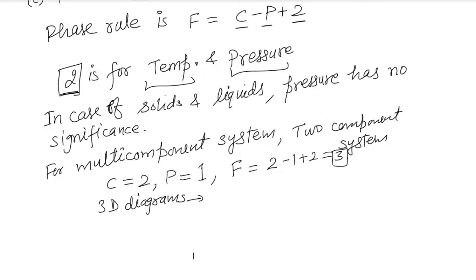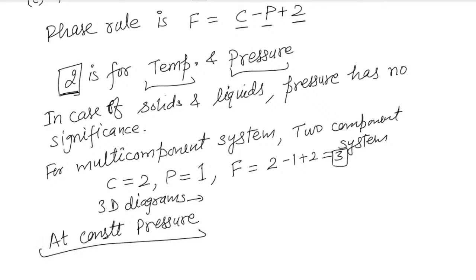Okay, so what we do, we specify one variable, and that is pressure. Means at constant pressure. So pressure is kept constant. In the case of a one component system, we see the variation of pressure and temperature.